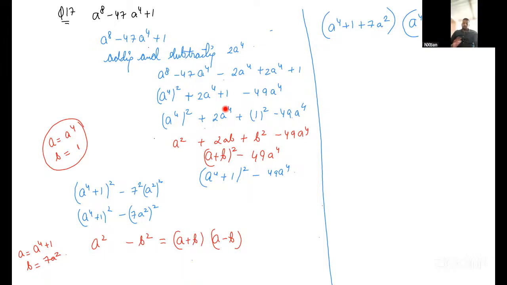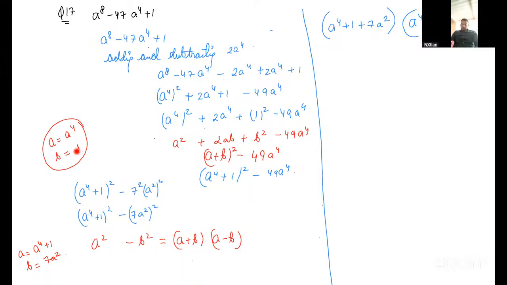Please listen. This is an important question. Okay. First step I did adding and subtracting 2a to the power 4. Why did I do this? Because I know that this is a to the power 8. So if a to the power 8 is there, can I split it into 4 into 2? It becomes a4 to the power of 2 plus 1. 1 is basically b square. So if I compare it, I get that a is equal to a to the power 4, b is equal to 1.